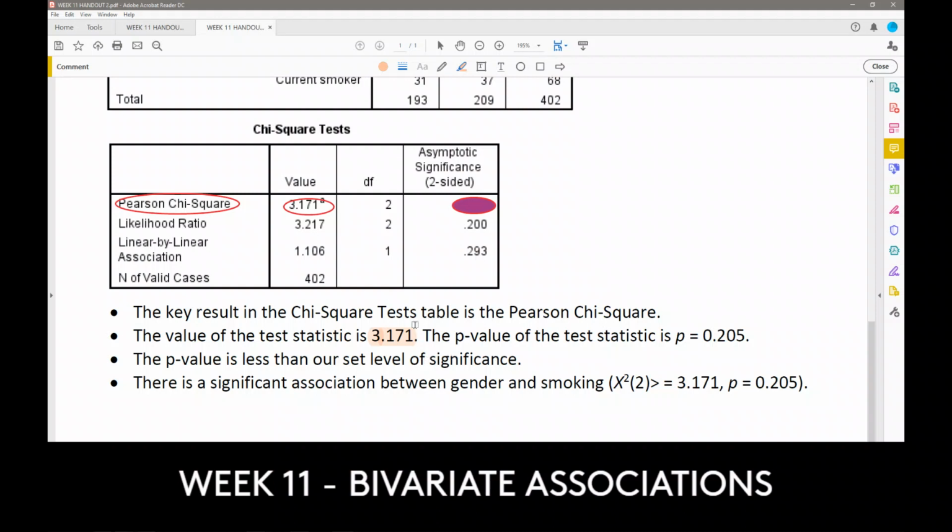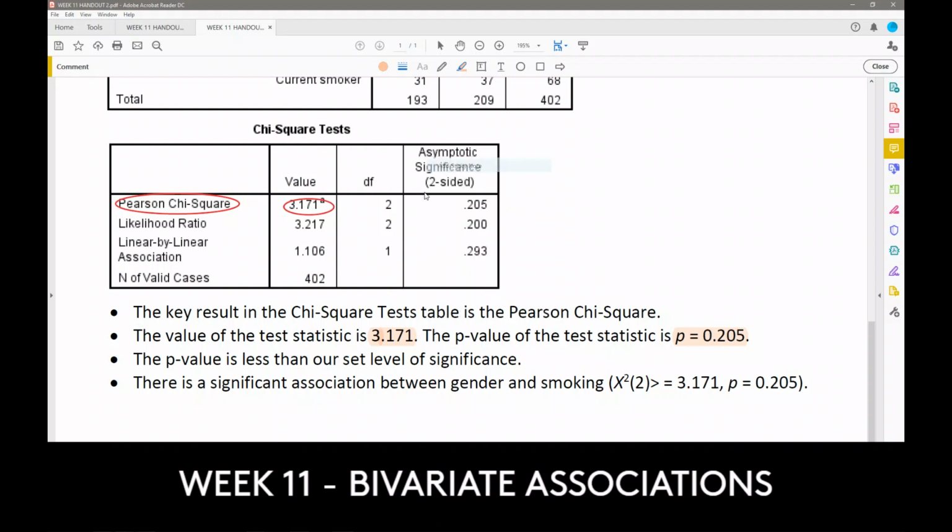Now its p-value, sorry guys, is in this column here, and it is p equals 0.205. If you remember what we learned when we were covering significance, this is not significant.